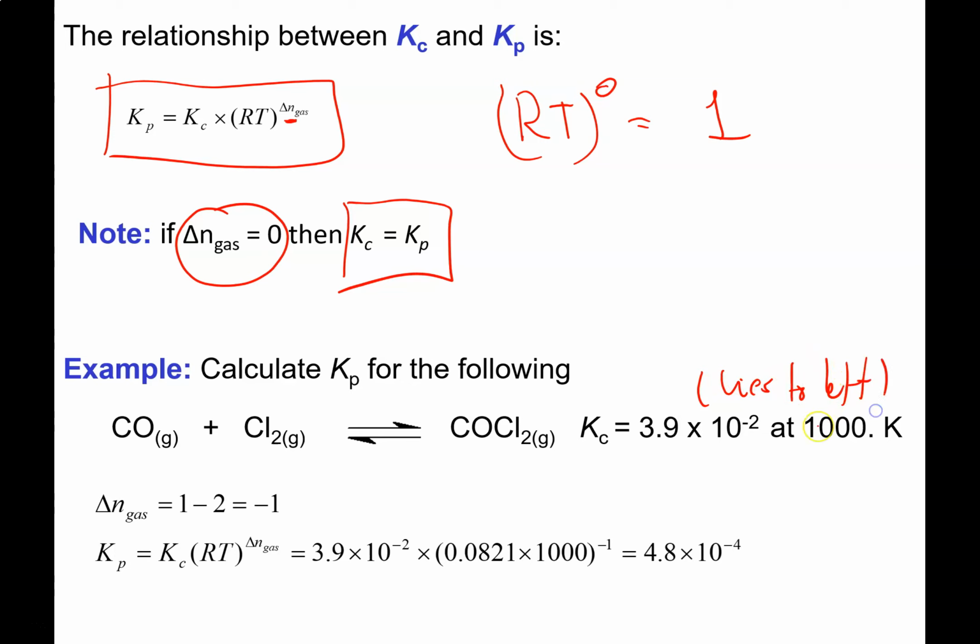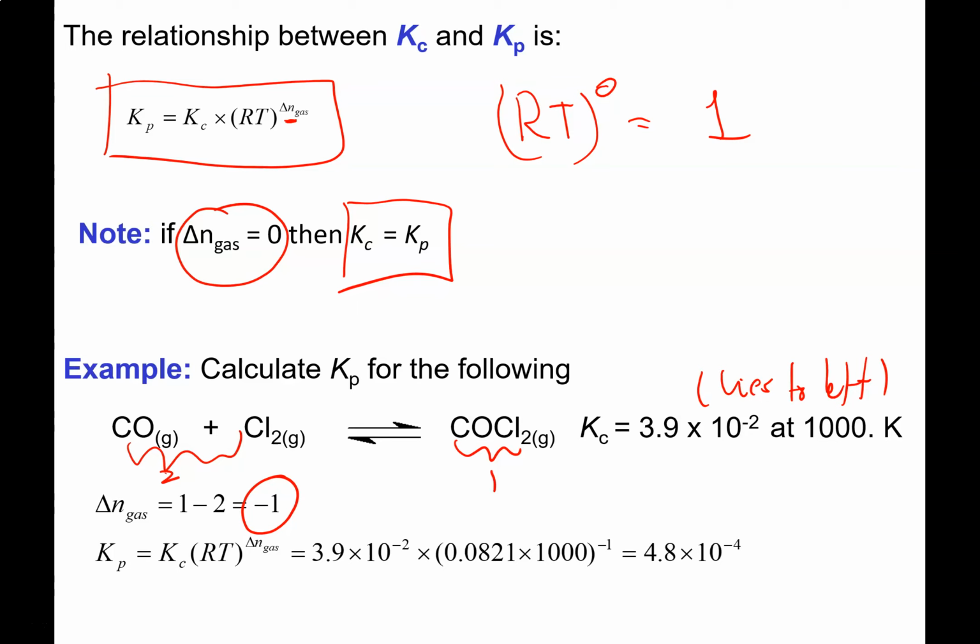When this comes to equilibrium, it's going to be mostly reactants, but there will be some products around. The first thing I want to do is calculate the change in the number of moles of gas. It starts at 2 and ends up at 1, and it's always final minus initial, so there's a decrease in the number of moles of gas by 1 mole.